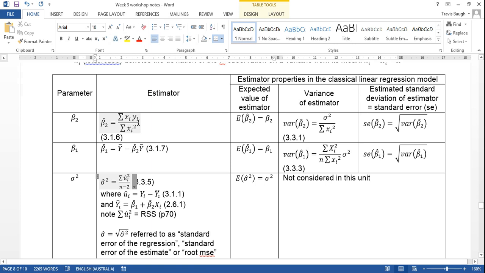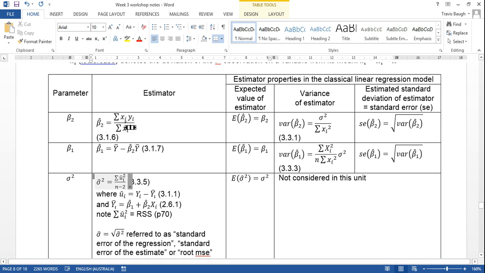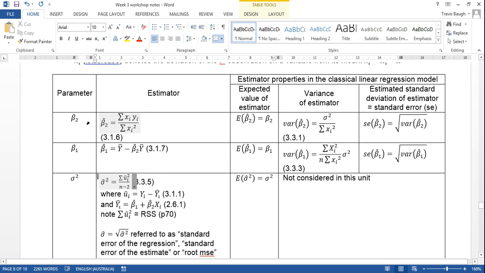Every single sample that we take will exhibit random variation, so we don't expect that every time we apply this formula we'll get exactly the same estimate. In fact, the estimates that we produce will have a probability distribution, which is called a sampling distribution, and over here are the characteristics of the sampling distribution that we expect to see in the classical linear regression model.